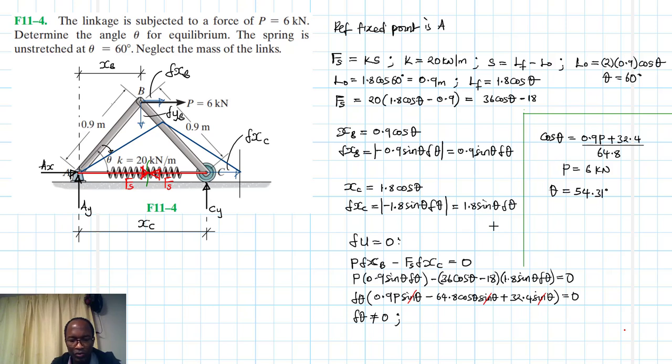So this is the value of theta that will ensure that the system of interconnected rigid bodies remains in equilibrium.